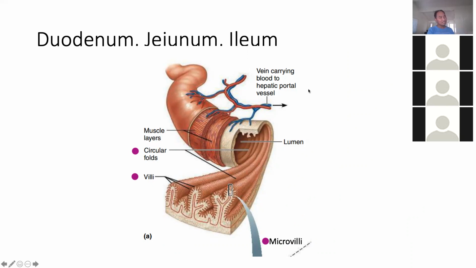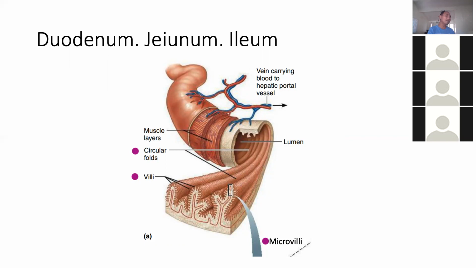So look, after the stomach, it will become duodenum, jejunum, and ileum, which in combination are called small intestine. Look at the duodenum. So duodenum has only 2 muscle layers, inner circular and outer longitudinal. There is no oblique layer like stomach.